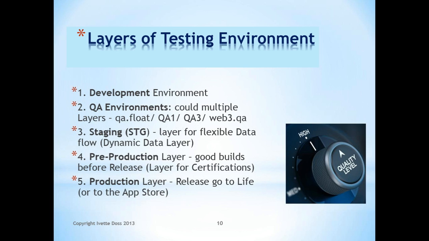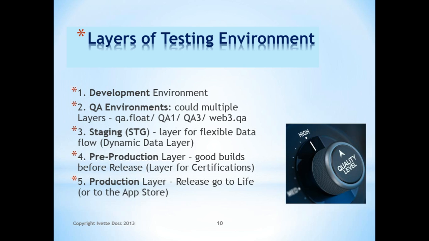As an example, this is what can exist. We have the developer environment, where everything is flexible, movable, and non-stable. Data could be whatever, literally blah, blah, blah, because nobody really cares about the data itself, they just care about some string size. Okay, it's supposed to be 200 characters. That's it. When we talk about QA environments, it could be multiple layers.